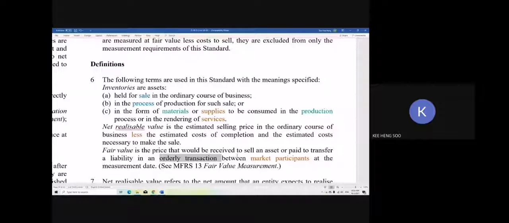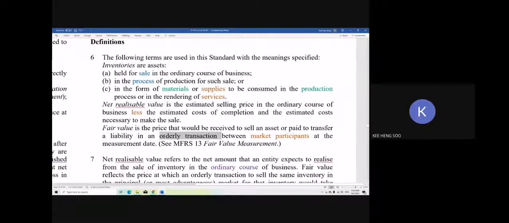Clear? So I hope that now you are clear what is the net realizable value and the fair value. This orderly transaction within the market participants, the willing buyer and the willing seller. Nobody forces you. They are related party transactions. Your father sells the land to the son.